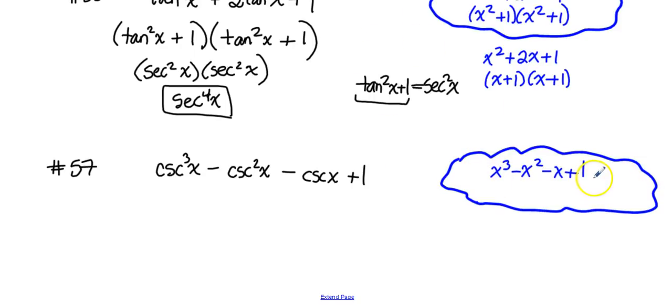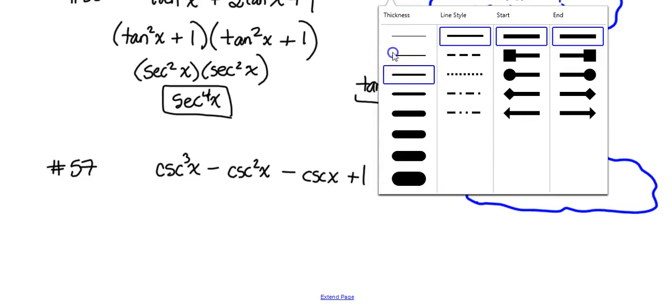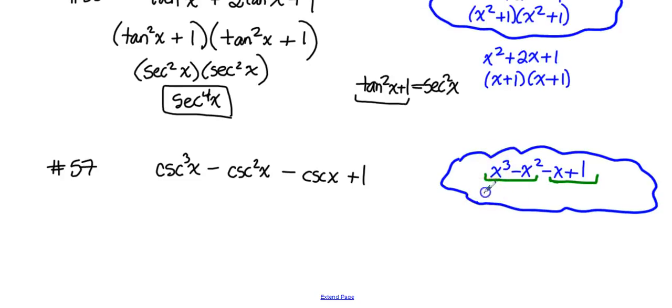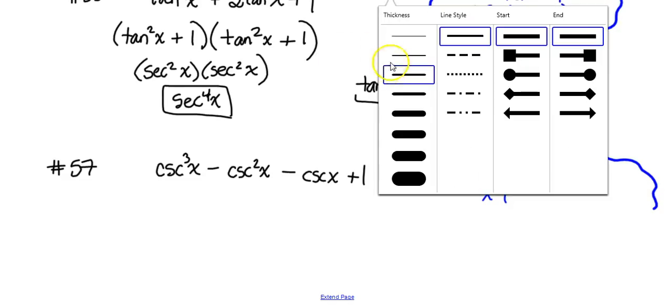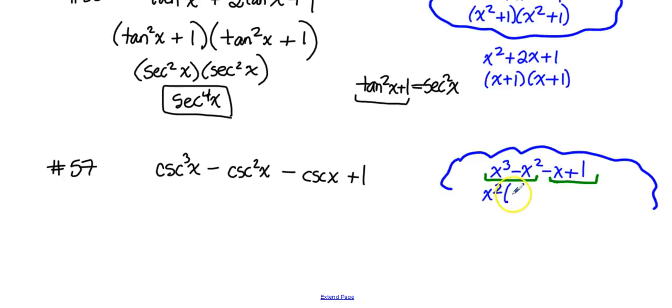Remember, when we have 4 terms, we always consider, can we factor by grouping? So if I consider factoring this by grouping, out of this first group, I can factor out x squared, leaving behind x minus 1.